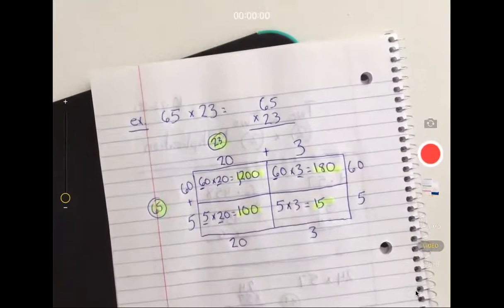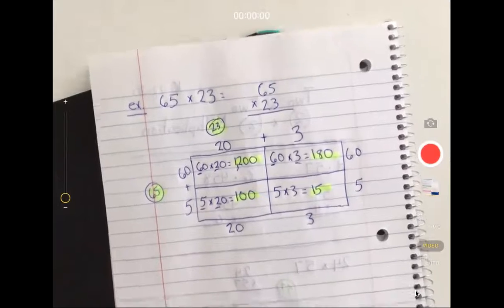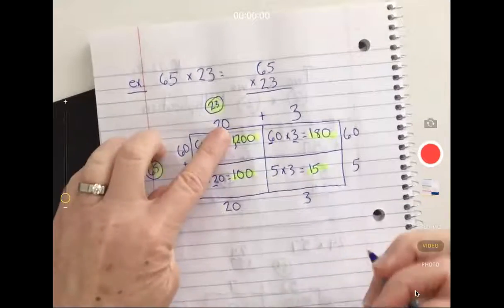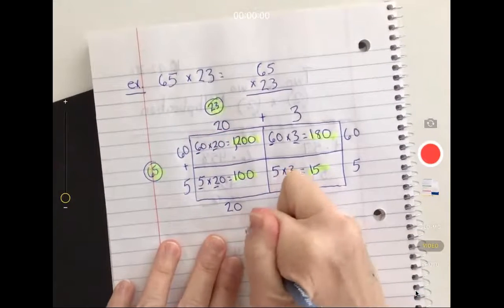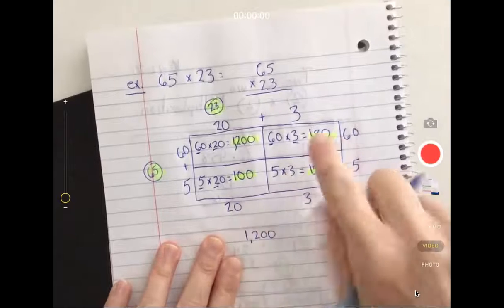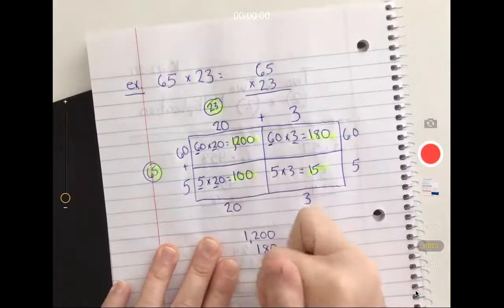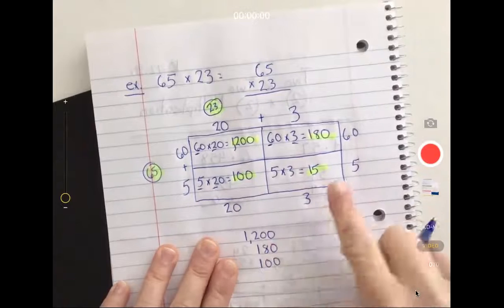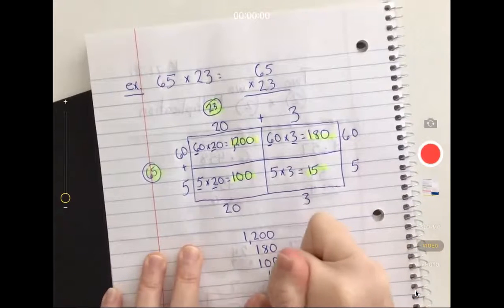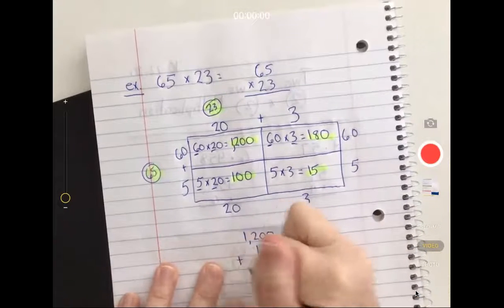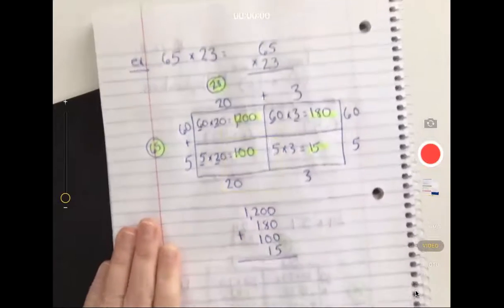Now, all I have left to do is add them all up. Here we go. I'm going to start with the largest. 1,200. 180, keeping it organized, 100, and 15. Lining them all up. I'm going to add, and here we go.